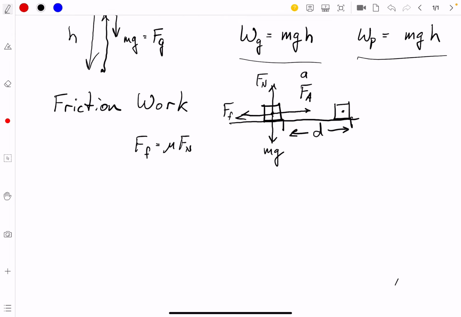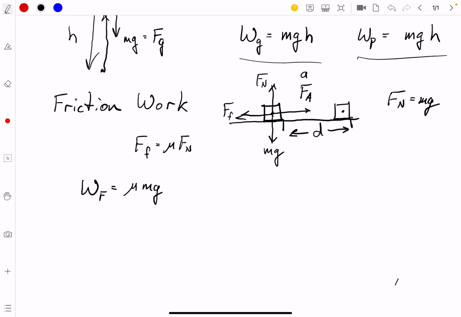And the work of friction is going to be our force of friction, which is mu times mg, because the normal force is equal to mg.